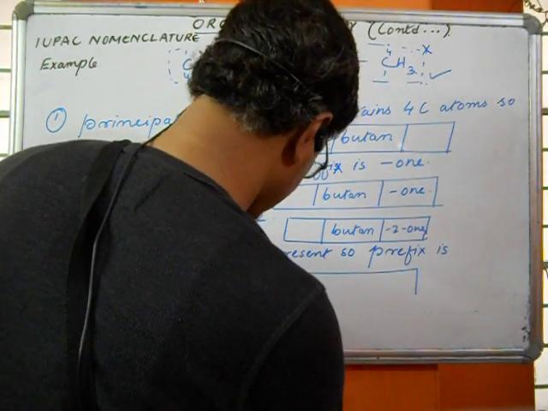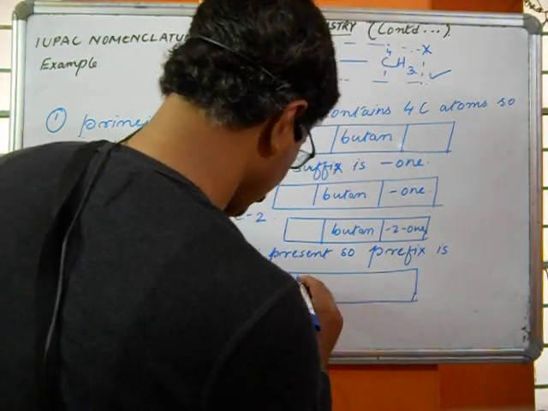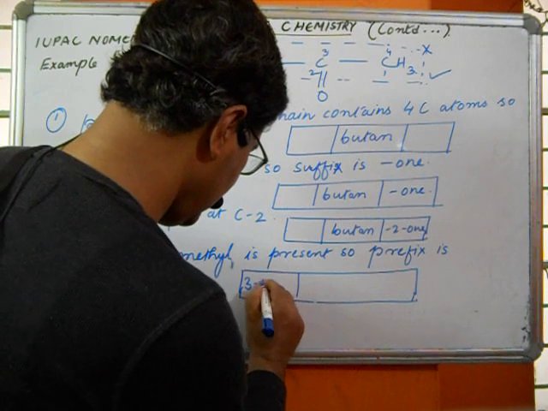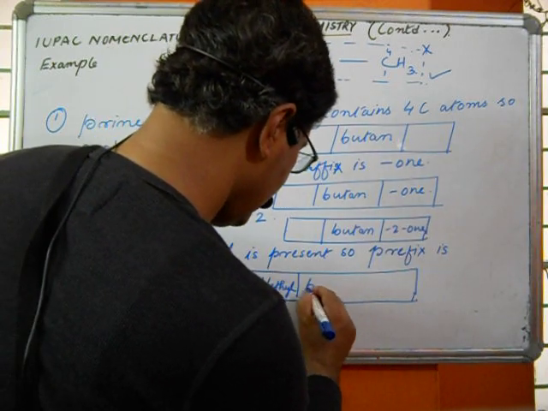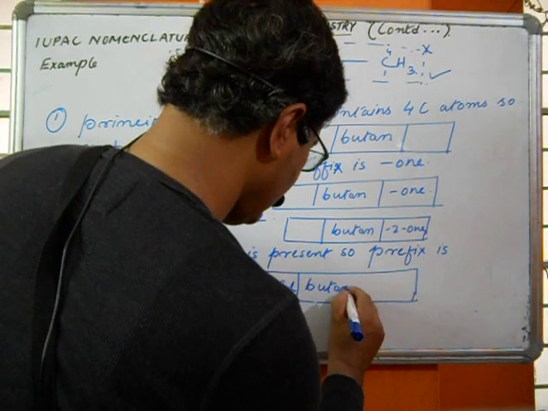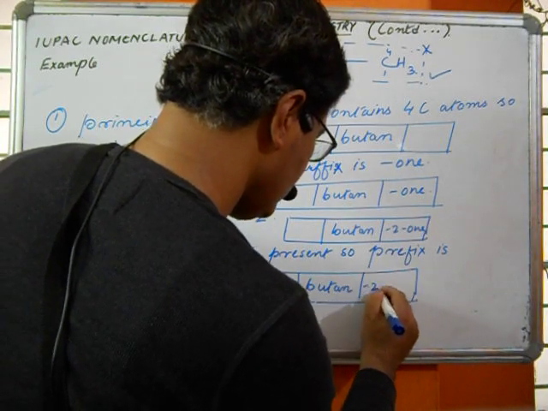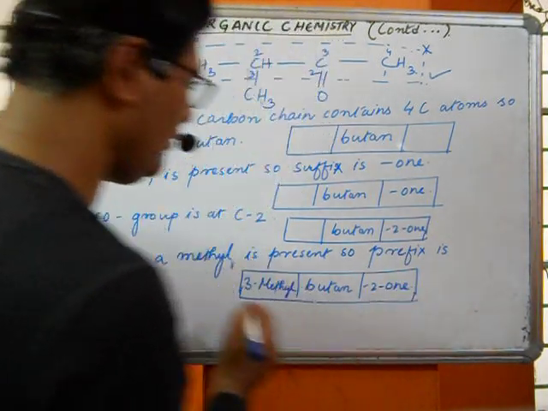So what we will get now? We are ultimately coming to the end of the naming. We got 3-methyl and here butane 2-one.